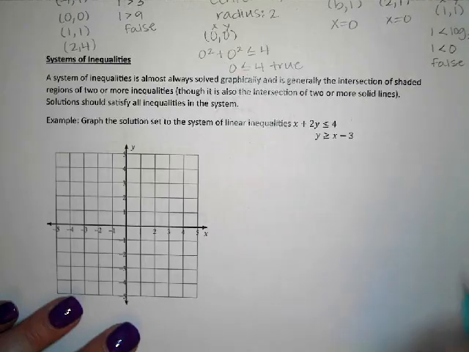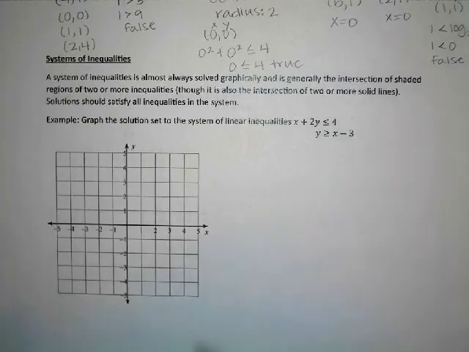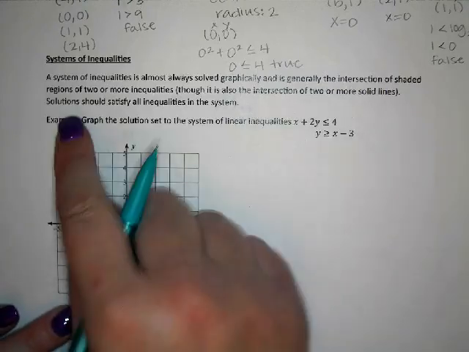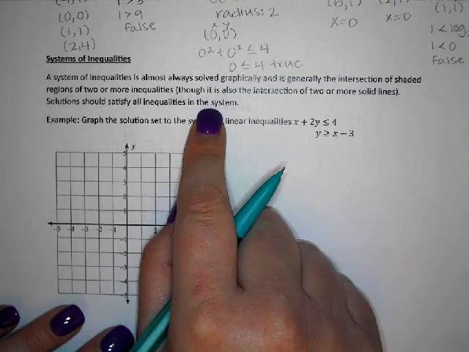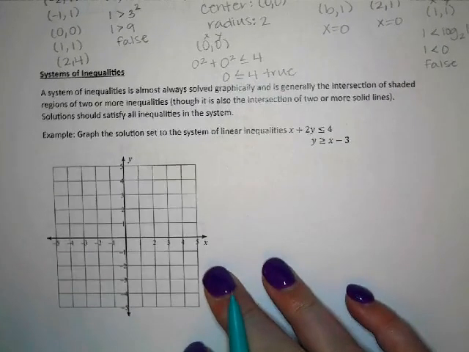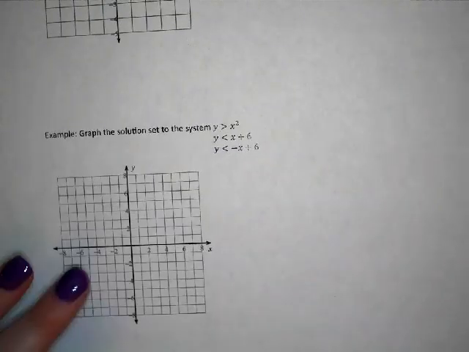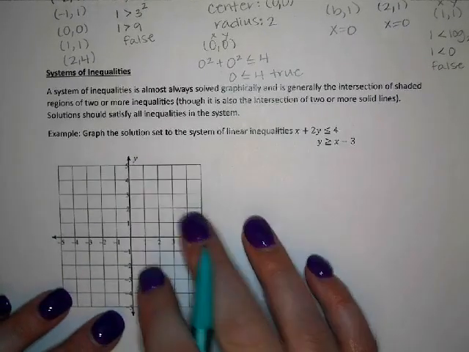They have to be solid lines crossing, and we're going to look at where 2 shaded regions intersect. So solutions should satisfy all inequalities in the system, or in this case, it's going to be 2, because I think we're only dealing... Oh, there's 3 on that one. So I think for the most part, we're only going to have 2, but we might have 3. But the solutions you have, they should be true for each inequality in the system.